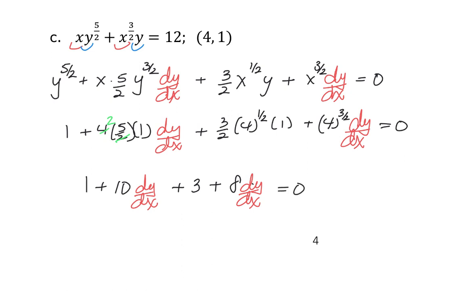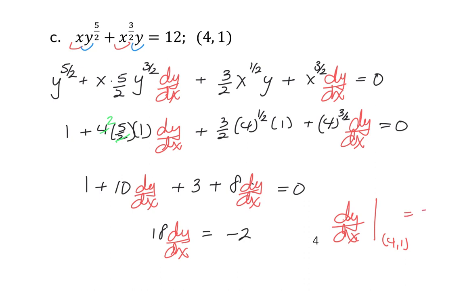Adding up the dy/dx terms and moving the 1 and 3 to the other side, I'm going to have 18 dy/dx is equal to -2. So when I get totally done, dy/dx evaluated at (4, 1) is equal to -1/9.